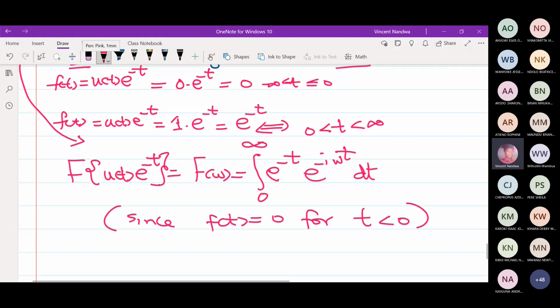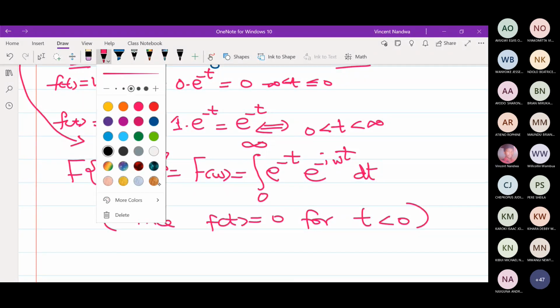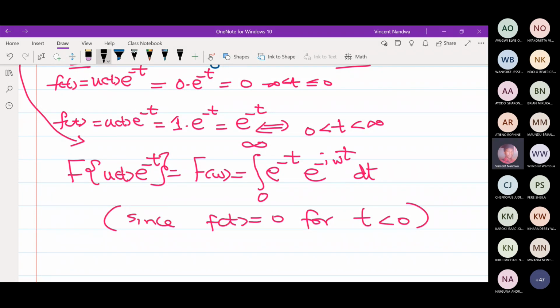And if you remember the way we were computing the transforms in the case of the Laplace transform, because we are dealing with an improper integral, and we expect to get a limit to get the exact value of the integration, we rewrite the function in such a way that the final answer will have an exponential in the denominator that allows us to get the limit in a much easier way.